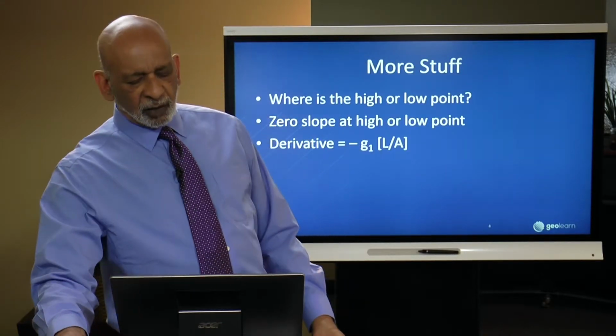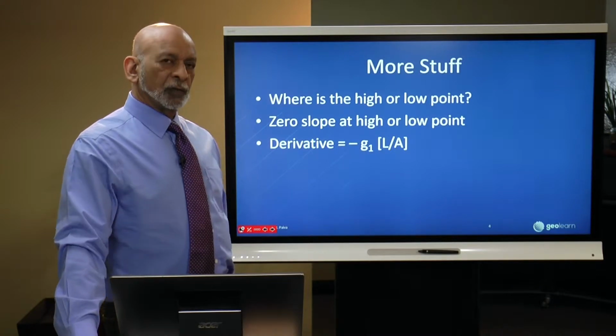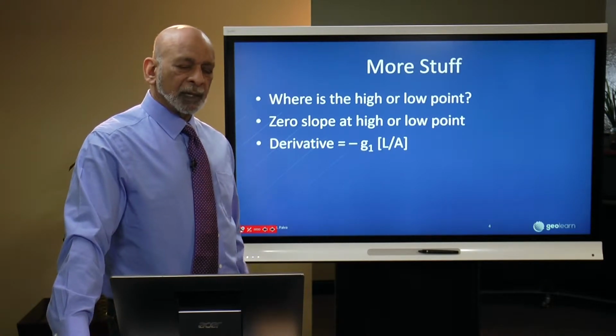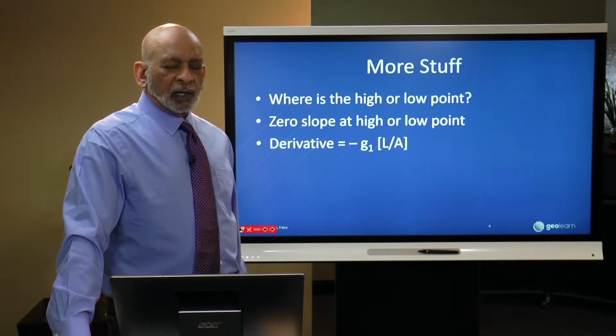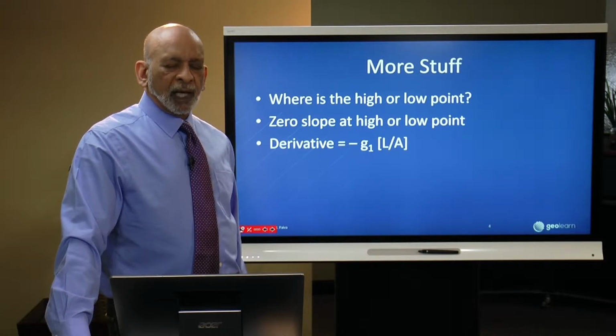So where is the high or low point? Well, it turns out if you're using the equation of the parabola, it's where you have zero slope at the high or the low point.